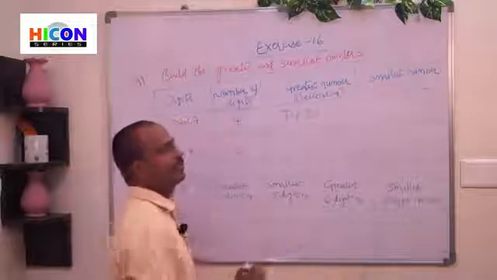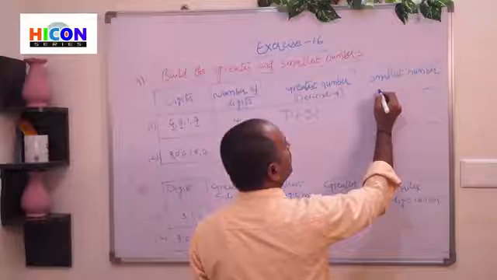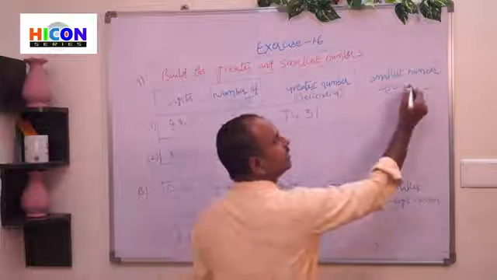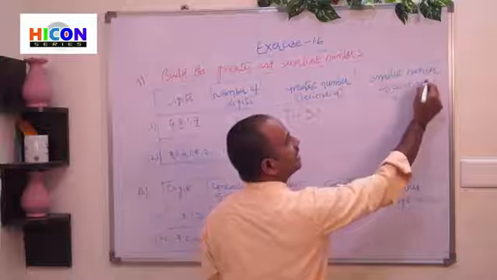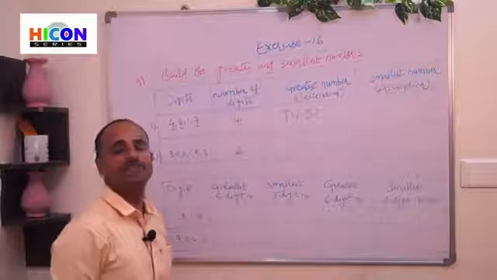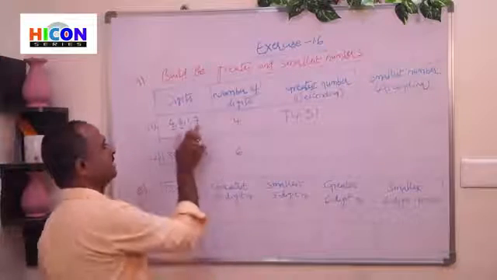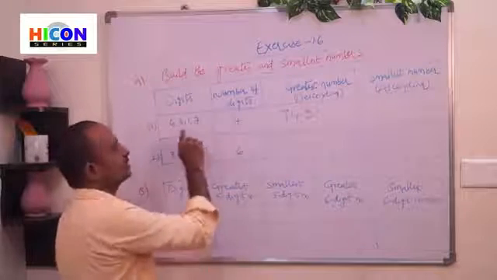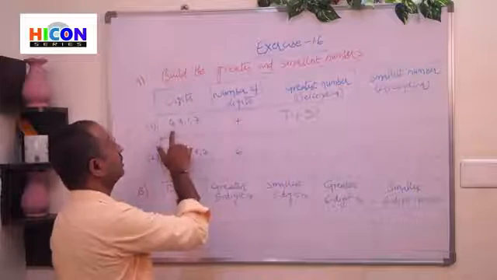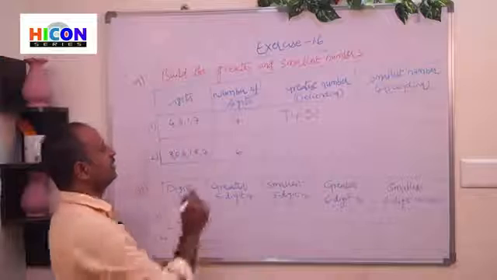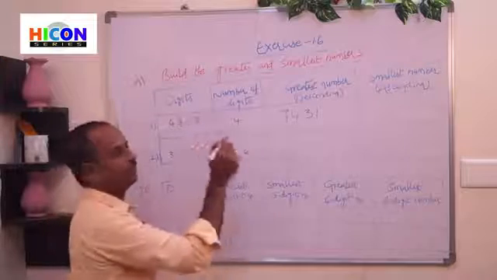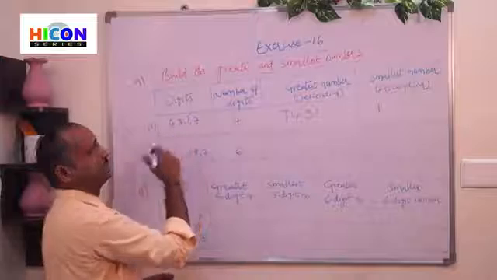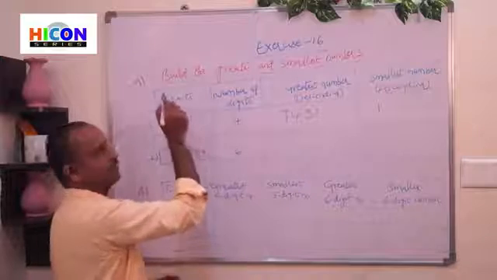Next, write the smallest number. So how can we obtain the smallest number? If we arrange the given digits from smallest to greatest, that means in ascending order, we will get the smallest number. So write the smallest digit first. Among these 4 digits, 1 is the smallest. So write 1 first. Next, 3 is the smallest.